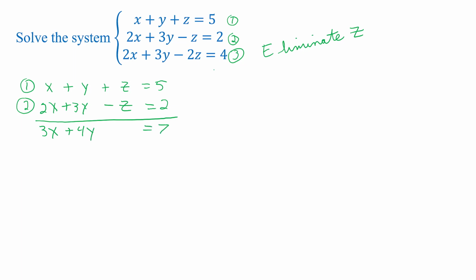And next, I think I'll choose equation 1 and equation 3. Note that I'll need to multiply equation 1 by 2, multiply each side of the equation here by 2, to result in 2x plus 2y plus 2z equals 10, so that when I add equation 1 to equation 3, the z terms will add to 0.